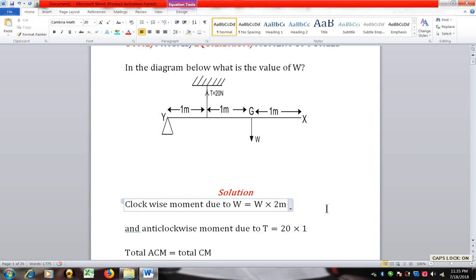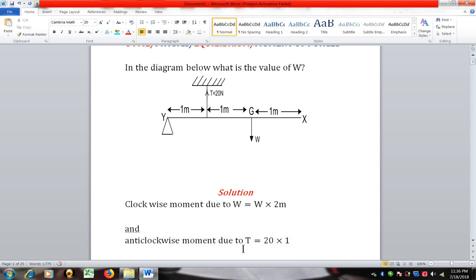W is in Newton. The next thing is to determine the anti-clockwise moment. Now, the anti-clockwise moment is due to tension T in the string. The tension T tends to pull the rod upward.